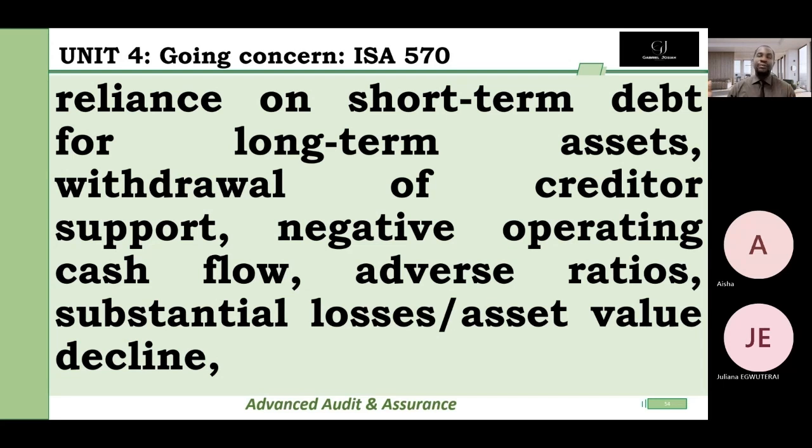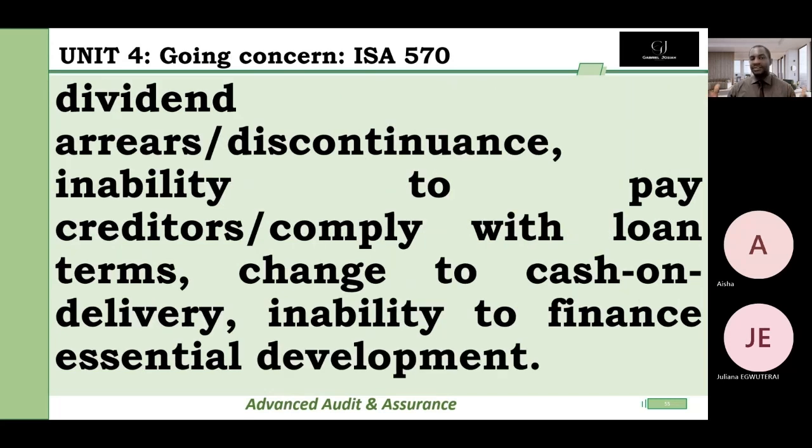Negative operating cash flow in the cash flow statements. Adverse ratios. Instead of your current ratio being above 1, we are seeing a current ratio less than 50%, 25%. These are red flags. Substantial losses have stated that asset values are declining. Dividend arrears, they've not paid ordinary shareholders in a while.